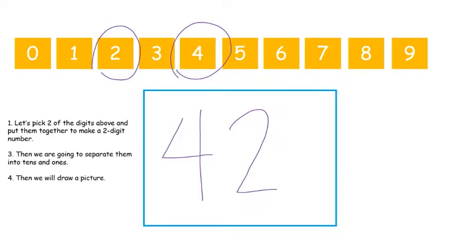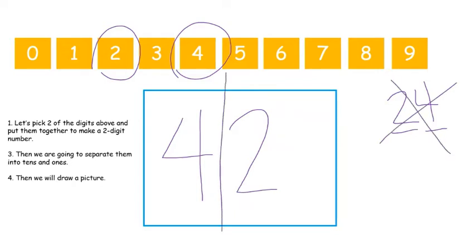Can I write it like this? No way, because this right here with the 2 first is 24. We want 42. So let's take our 42 and break those two numbers, right? This is, remember, our tens place, and this is our ones place.